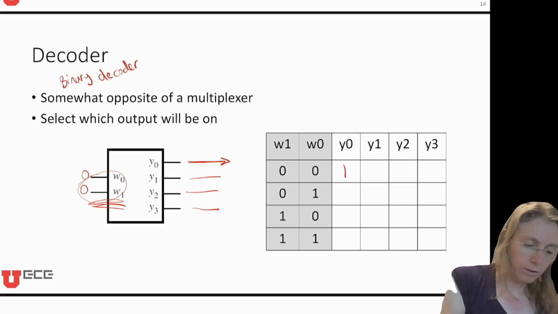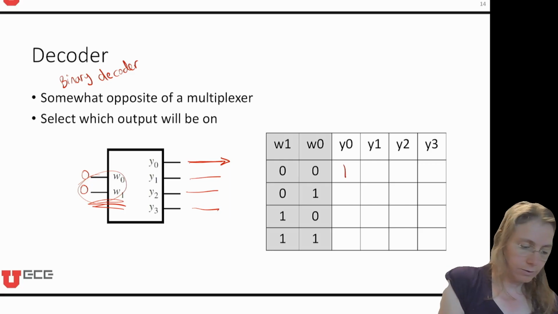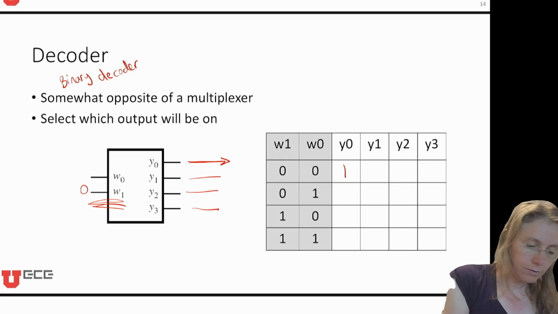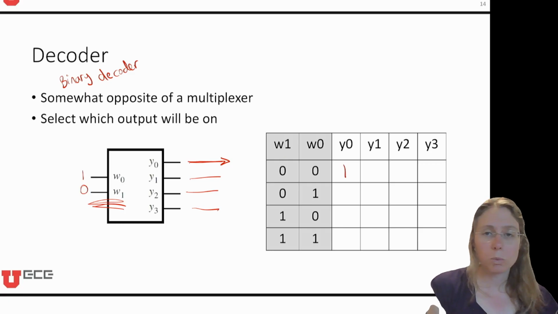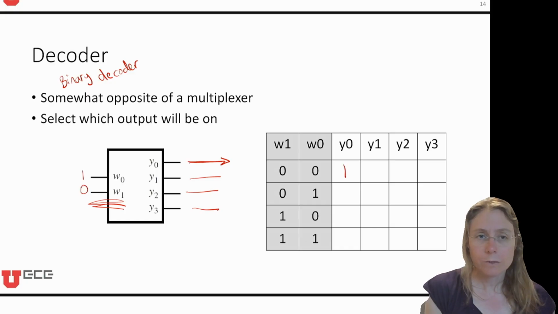If I input a 1 and a 0, one important thing to notice is which of these is the most significant digit or the least significant digit.